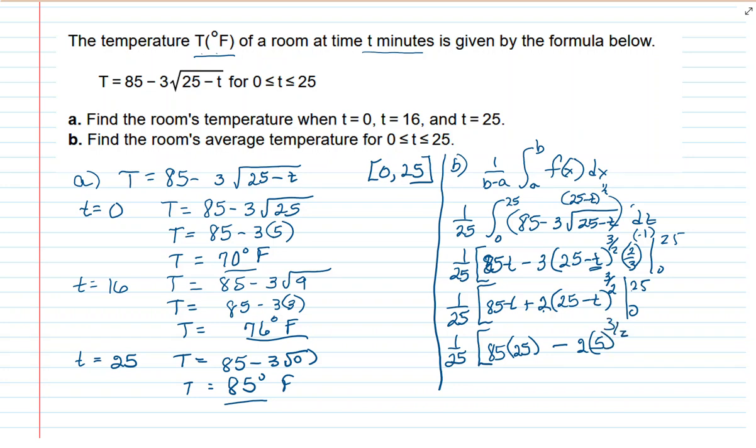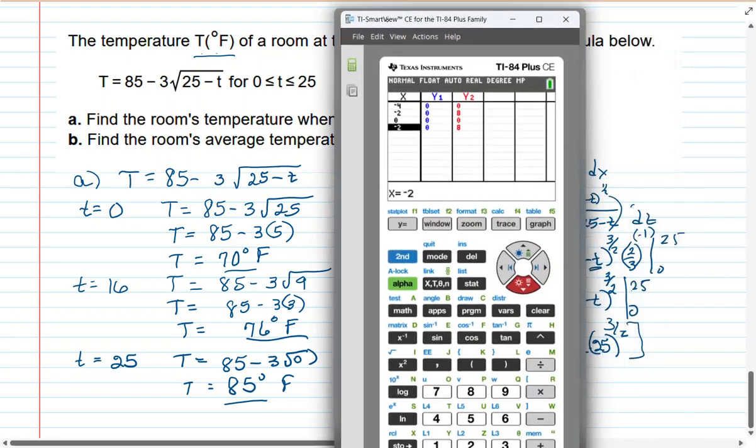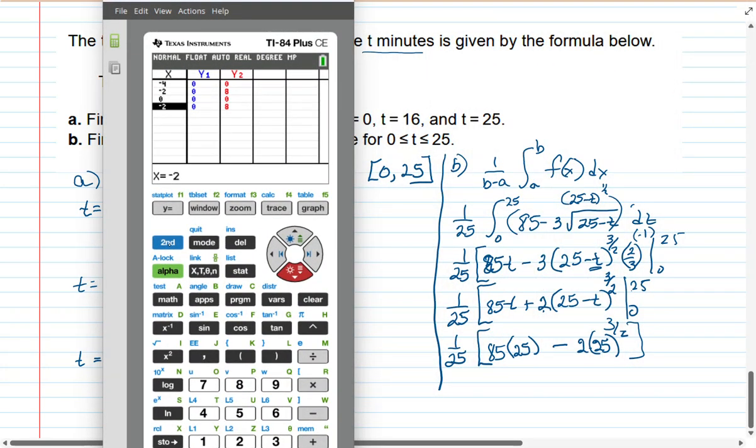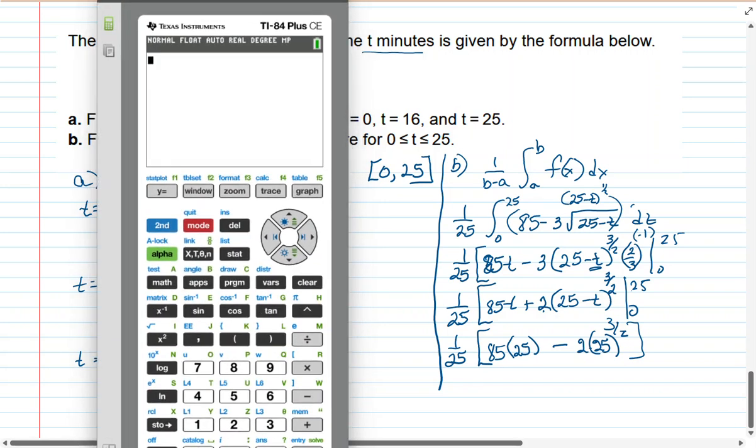I better put 25, because I haven't taken the square root. Okay, because we want to use our calculator. Here we go. And yes, you could do it an easier way, but we have to use what we've learned in this process.